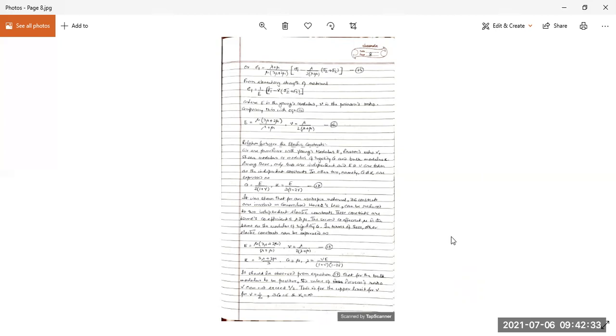From the equation for K, it will reduce to this one, G will reduce to mu, and lambda will be equal to gamma into E divided by (1 plus gamma) into (1 minus 2 gamma).